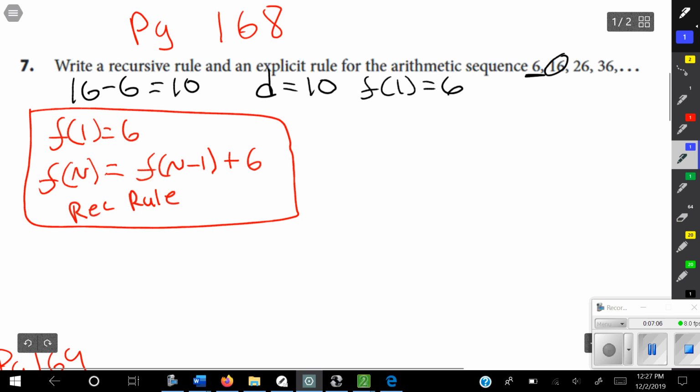All right, now I'm going to write the explicit rule. So we're going to start off with f of n, and then we write in our first term, which is 10.